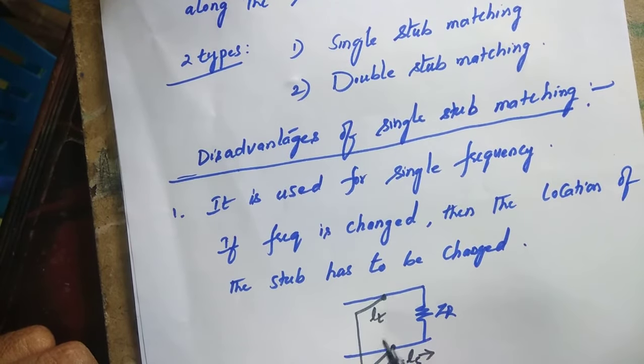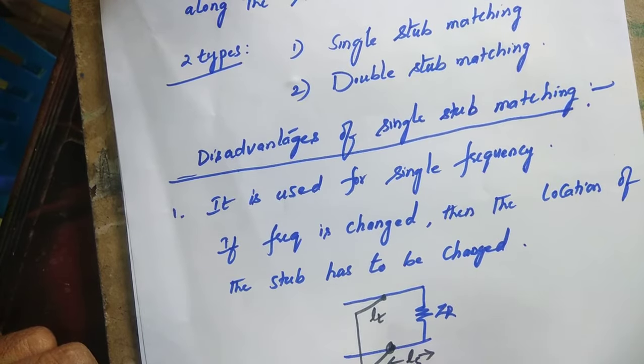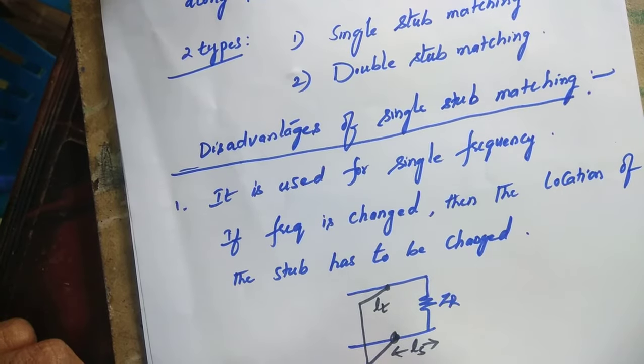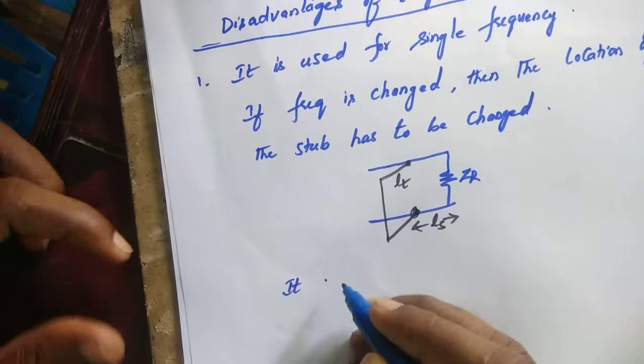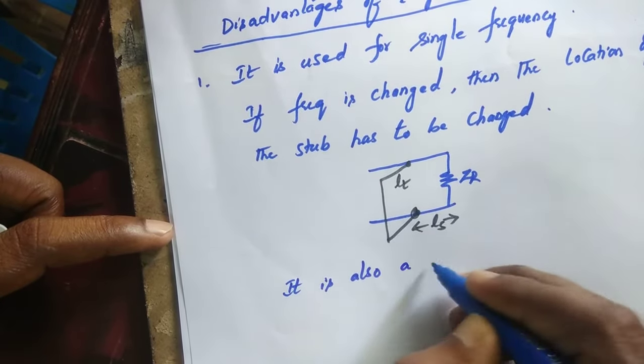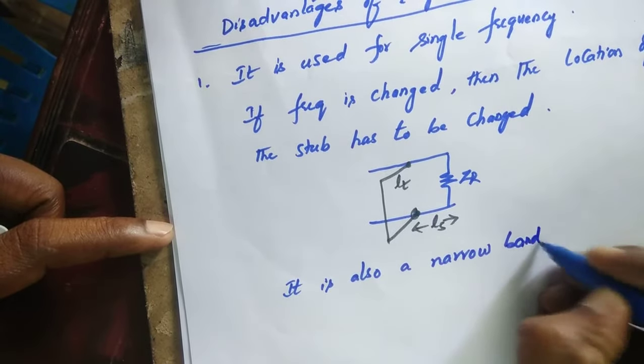So this single stub is useful only at single frequencies. If the frequency is changed, then automatically the location of the stub has to be changed, and it is also a narrow band system.